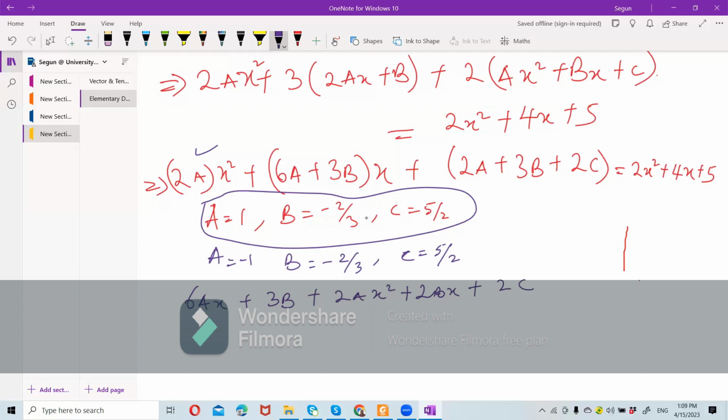So it's supposed to be those that have this together, which is what? 6a plus 2b. It's supposed to be 6a plus 2b, not 3b. Can you see it now?